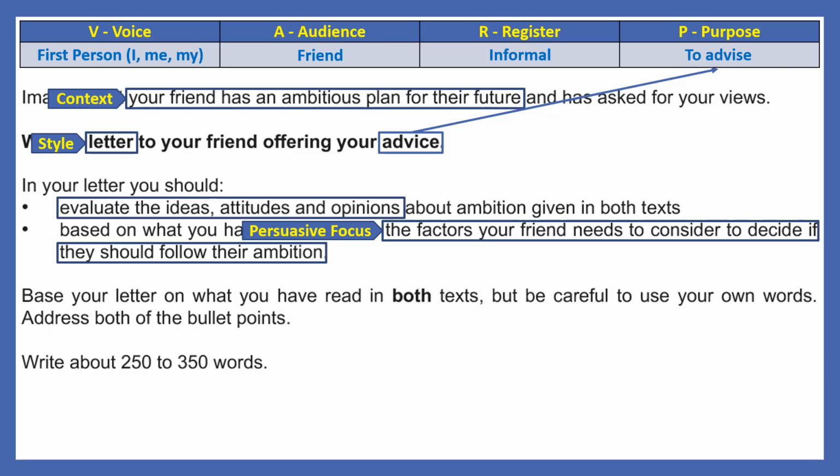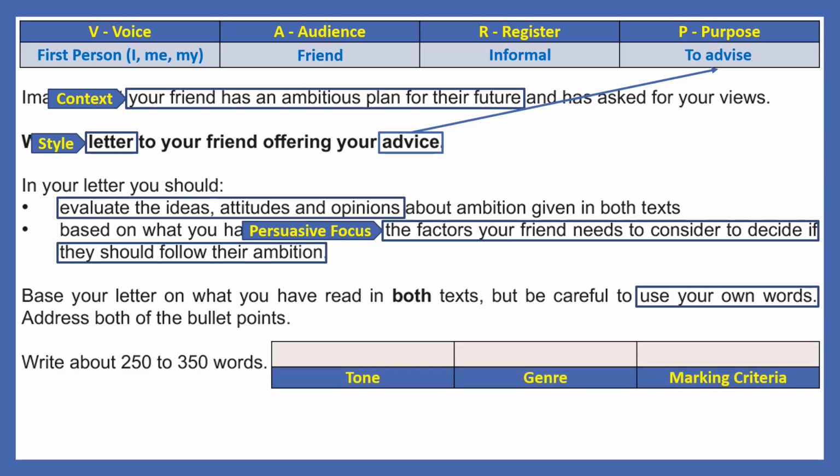It is also important to use your own words. This means rephrasing ideas from the text rather than copying them directly, for example, by changing vocabulary or using suitable synonyms.